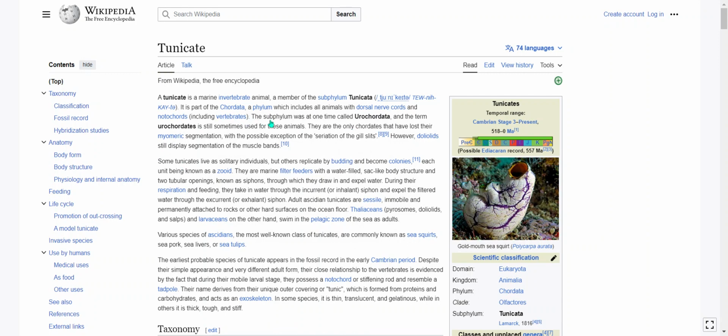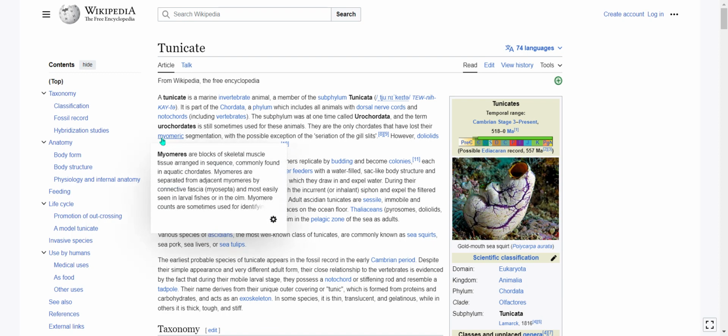Cool. So the subphylum was at one time called Urochordata, and the term urochordates is still sometimes used for these animals. They are the only chordates that have lost their myomeric segmentation, with the possible exception of the serration of the gill slits.